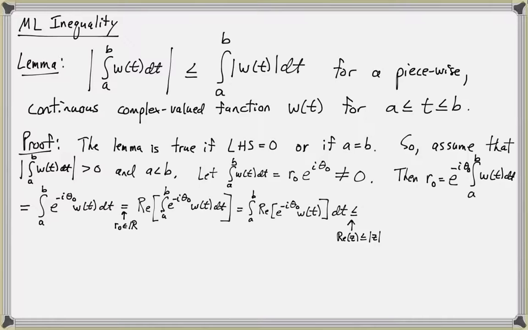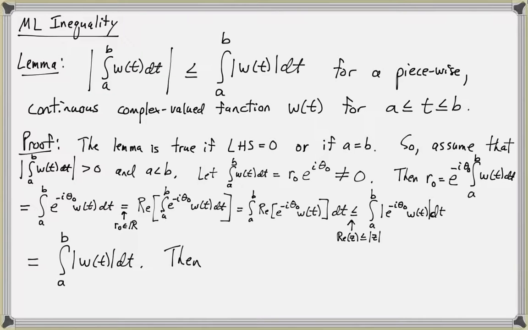So the integral we just wrote is going to be less than or equal to the integral from a to b of the absolute value of e to the minus i theta 0 w(t) dt, but the absolute value of e to the minus i theta 0 is 1. So this is equal to just the integral from a to b of the absolute value of w(t) dt. So we've established that r0 is less than or equal to this integral from a to b of the absolute value of w(t).